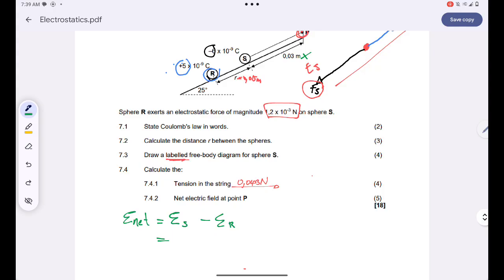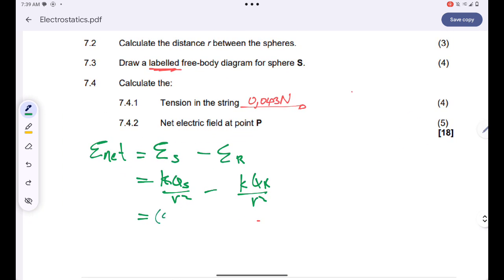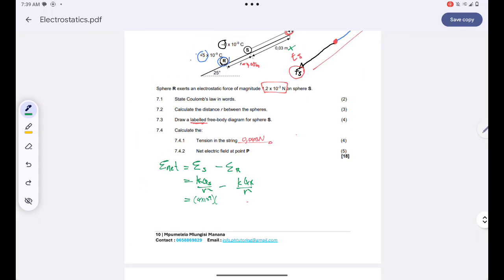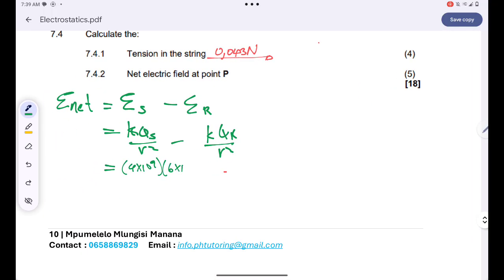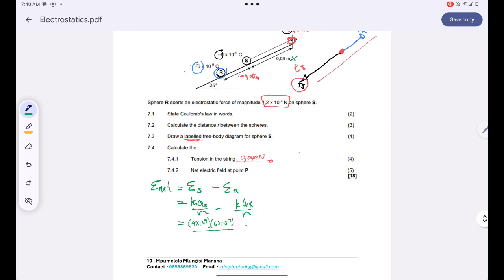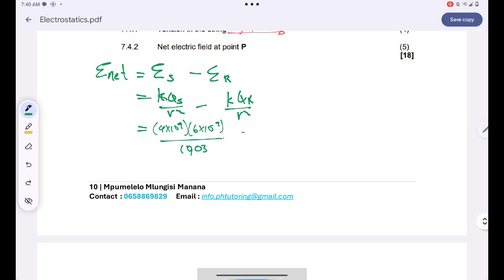Then all I have to do now is substitute: that's k Q_S over r squared minus k Q_R over r squared. k is given to us, that's 9 times 10 to the power 9. The charge on sphere S is 6 nanocoulombs, that's 6 times 10 to the power negative 9, all over the distance between sphere S and the point charge at P, that's 0.03 meters, 0.03 squared.